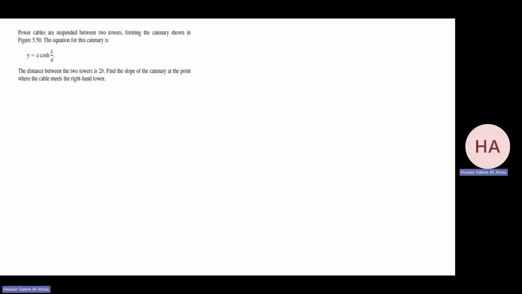This is a question in the book. Power cables are suspended between two towers, forming the catenary shown in the figure. The equation is this. What do they want? The slope of this. So you have to find the derivative.